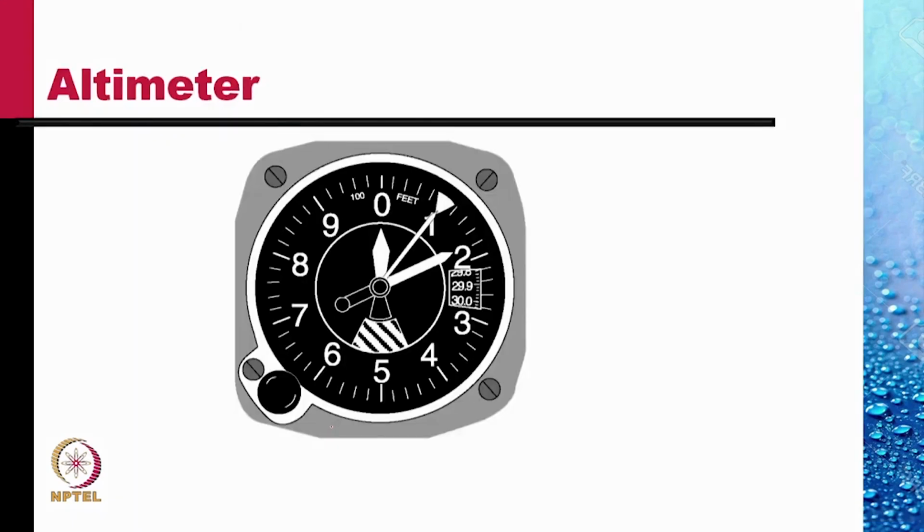This variation of pressure with the altitude is used in an instrument called altimeter to measure the altitude of the aircraft as they fly. This altimeter is nothing but a barometer. It measures the atmospheric pressure, but it is calibrated into altitude in meters or altitude in feet by using the equation that we obtained earlier.